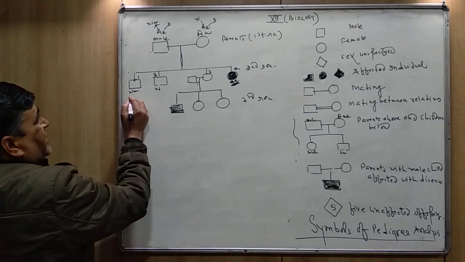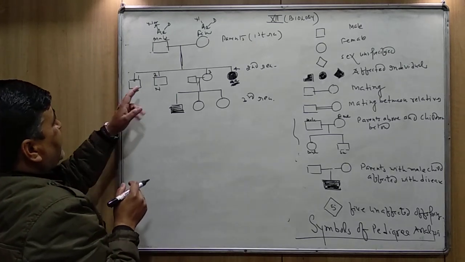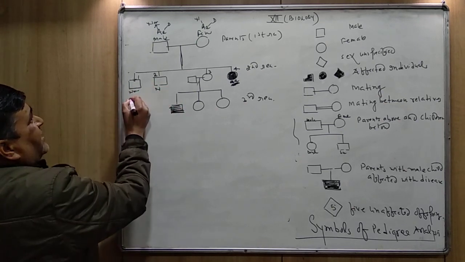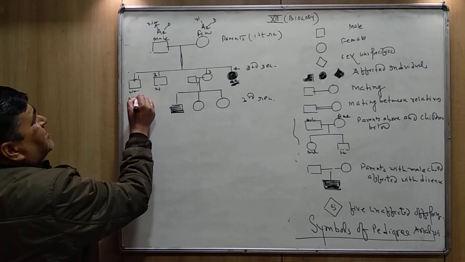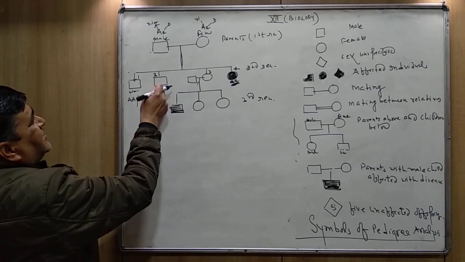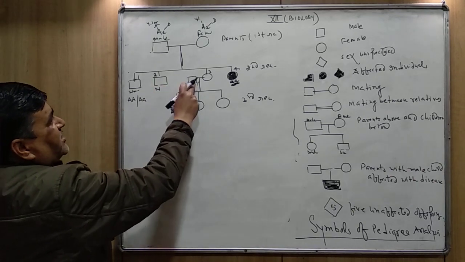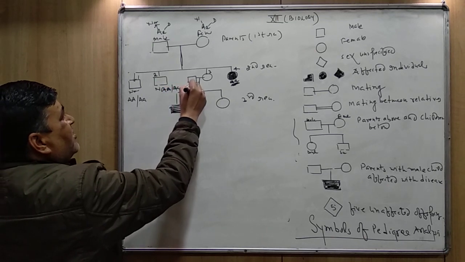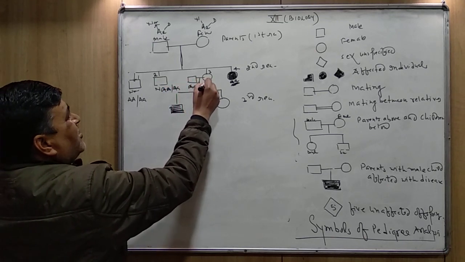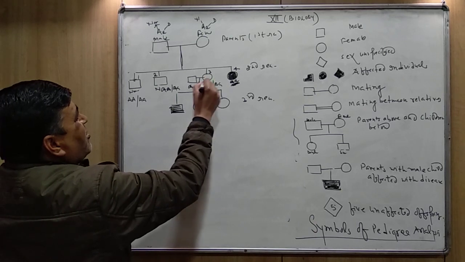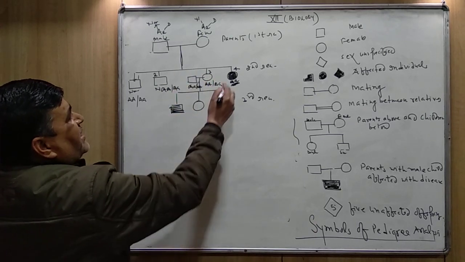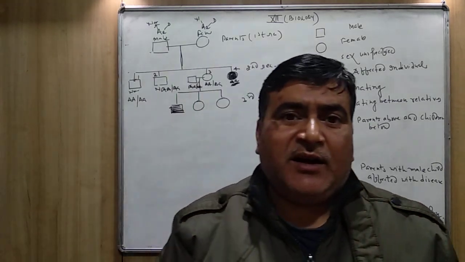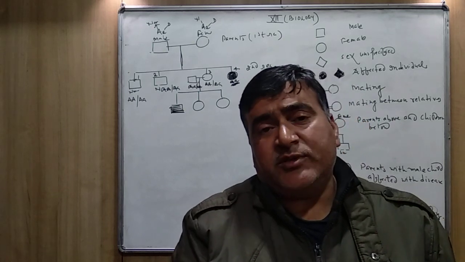Now, if anybody asks what will be the genotype of this son, it may be like this or like this. The condition is applicable here also, and here also. But here both the alleles are recessive and both are present in the homozygous state.